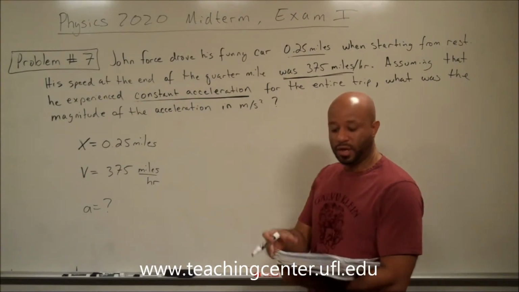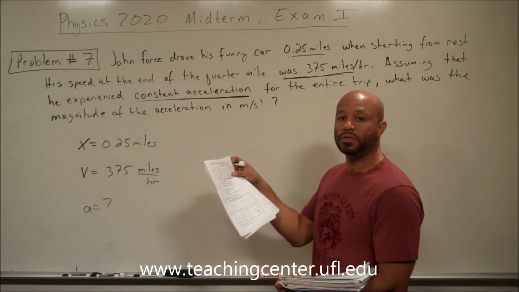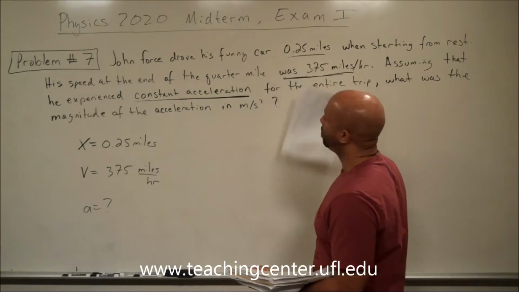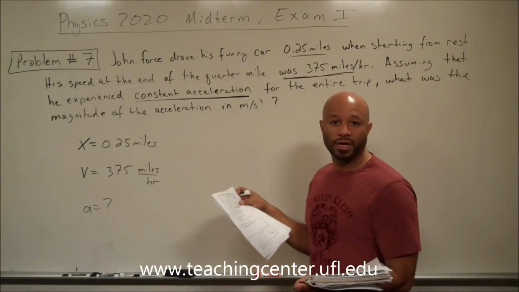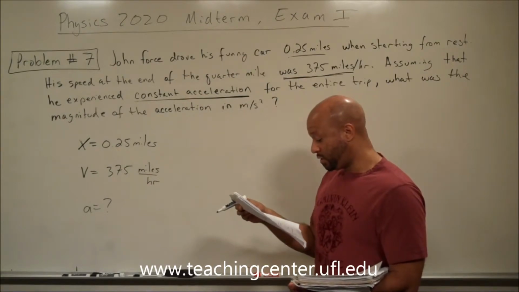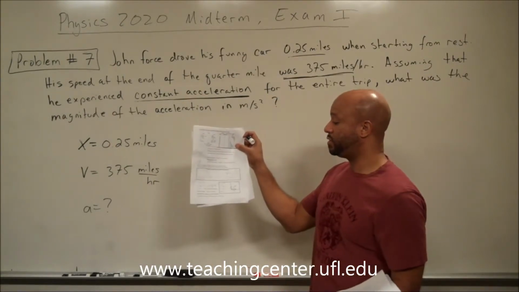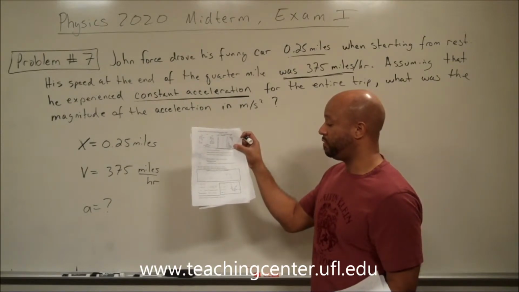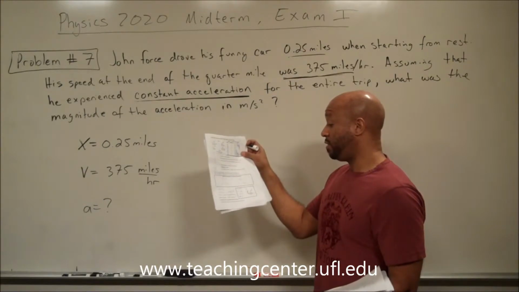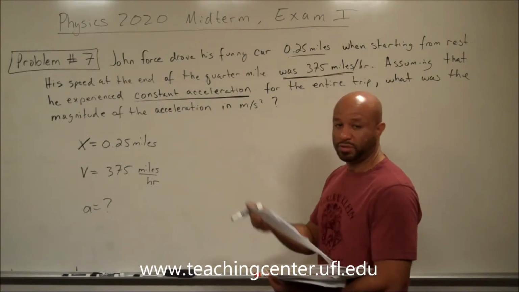The ones to the left-hand side of the box both have t in the equation, which represents time. In this particular problem, we're not given any information about time, so they're probably not going to be useful equations for us. Likewise, this bottom one where you have x is equal to x sub 0 plus v sub 0 t plus 1/2 a t squared, again, we're not given any information about time, so we probably shouldn't use that equation.